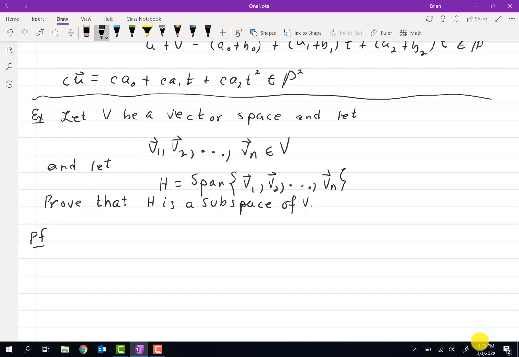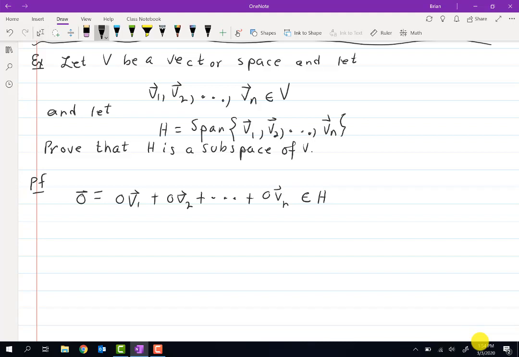So if you take a look, one vector, let's call it the 0 vector, looks like 0 times v1 plus 0 times v2 plus, continuing all the way up, 0 times vn. And we know that all of these are the zero vectors. But this item is definitely in H, since it is a linear combination of the vectors in there. And you can see that because I have coefficients that are real numbers.